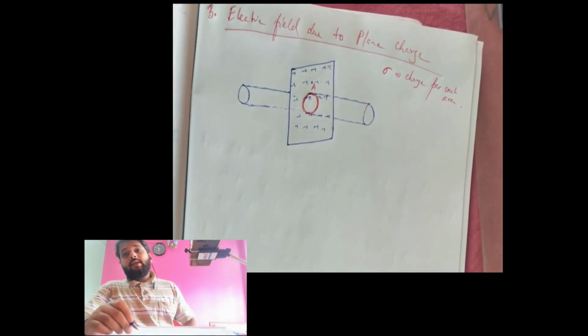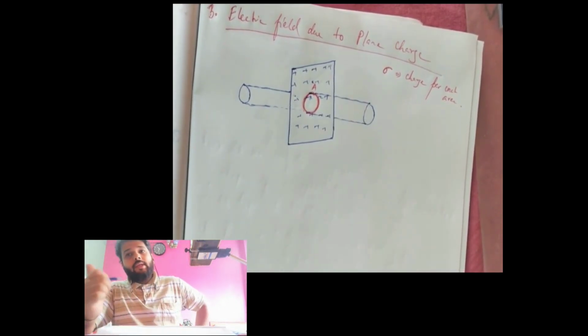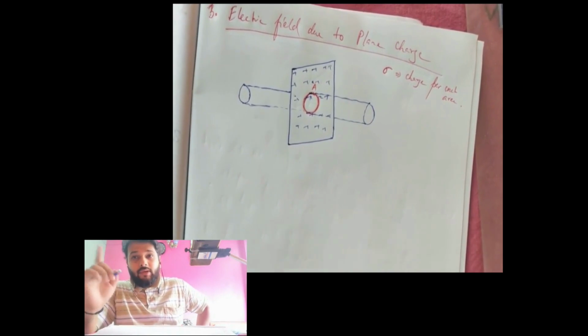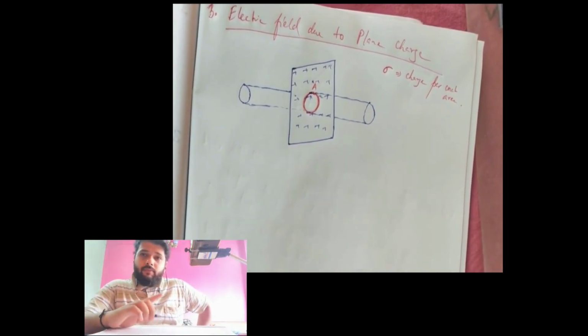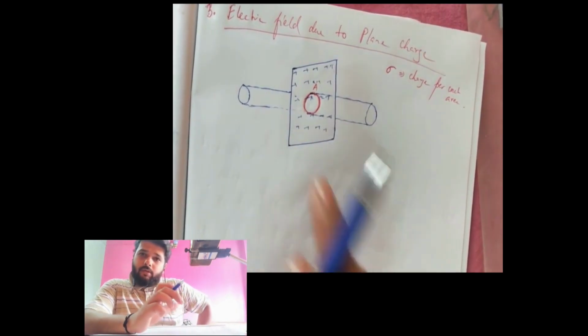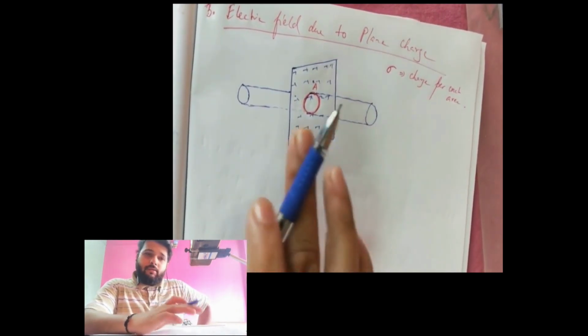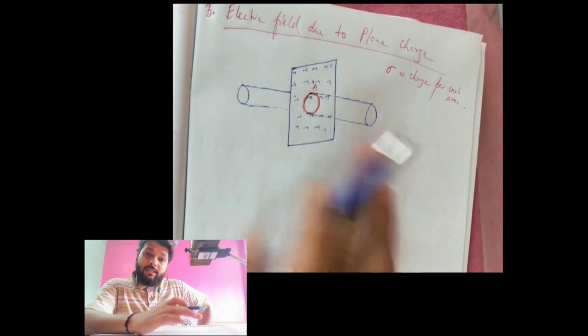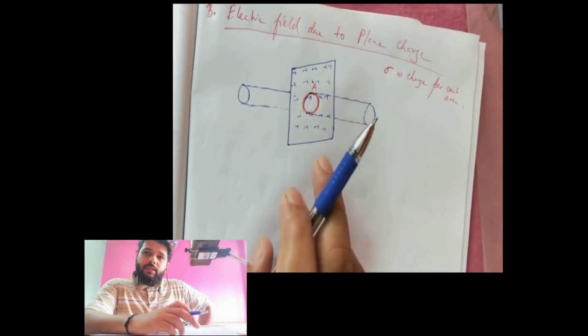In case of line charge, the Gaussian surface was a cylinder with its axis along the line charge. But in case of a plane sheet of charge, the axis of the cylinder is perpendicular, normal to the plane charge.